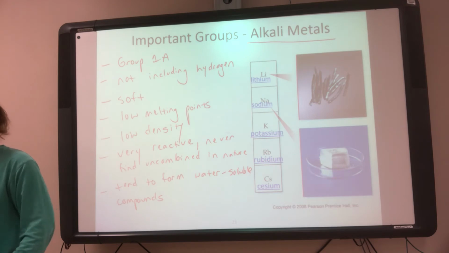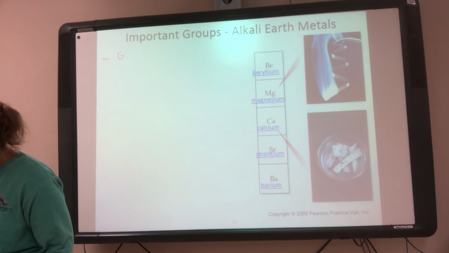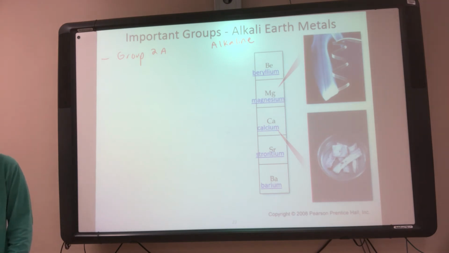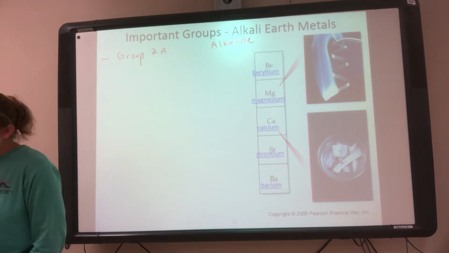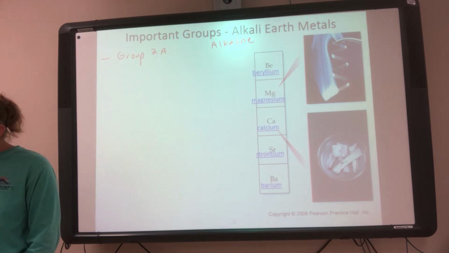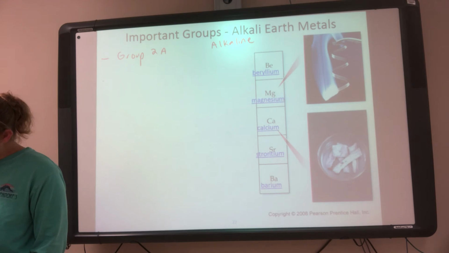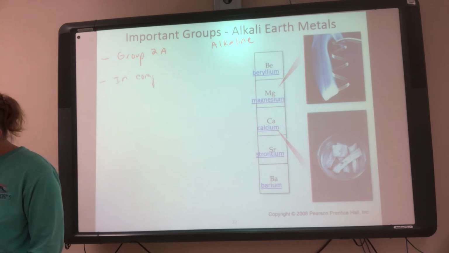So let's move on to my next group, my alkali earth metals. Remember, this was group 2A. Alkali earth metals, or you might even see alkaline earth metals, either one is fine, it just depends on which book you're looking at. Now we're going to compare this group to the first group, 2A to 1A. When I said that 1A was soft, this is all in comparison to group 1A.